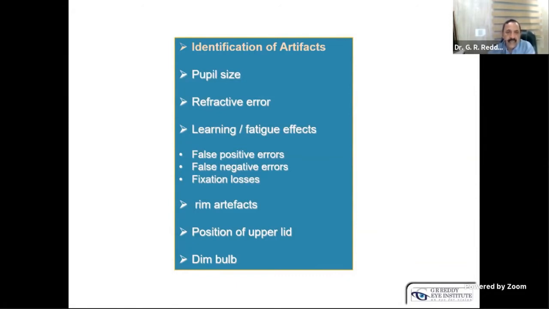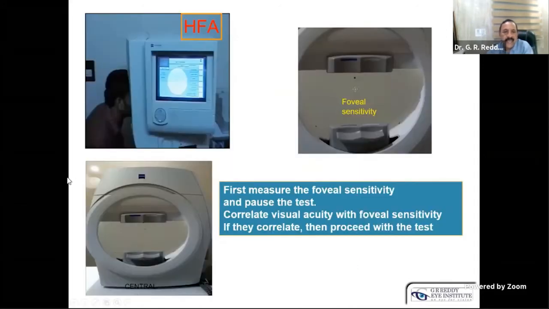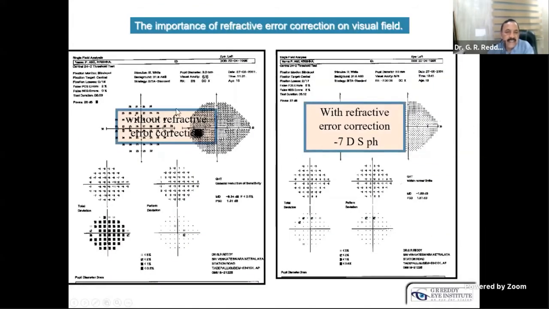Now coming to the identification of artifacts, the most important thing I asked you is that we first do the foveal sensitivity, and once the foveal sensitivity is measured, correlate it with visual acuity. In this case, I have not compared the foveal sensitivity while doing the test because the test was done in 2001.